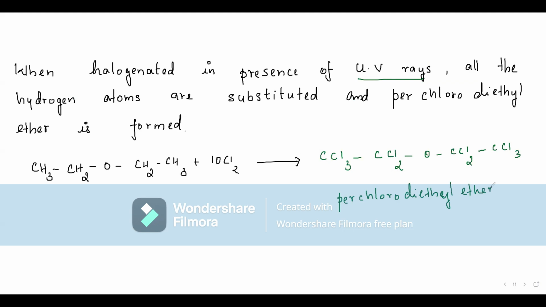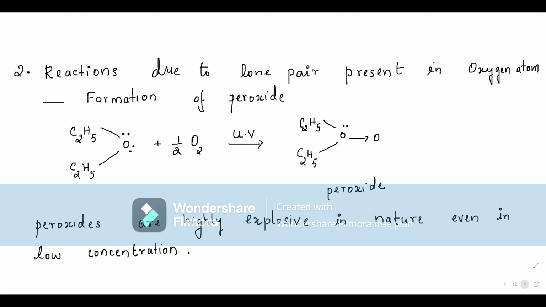So it's the same chlorination, but depending on the condition of the reaction, the product is different. One gives you alpha, alpha dash dichlorodiethyl ether, and with direct sunlight, you are getting perchlorodiethyl ether.